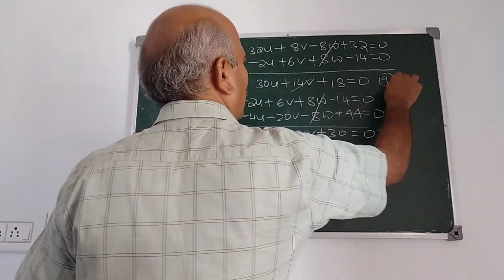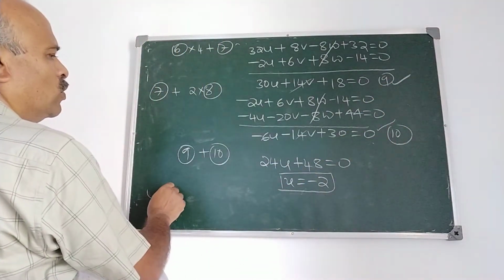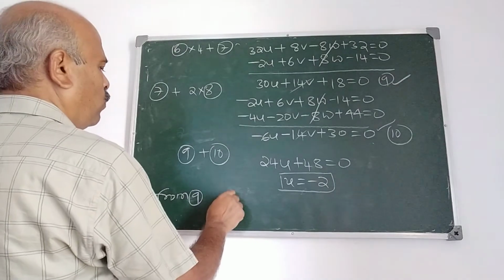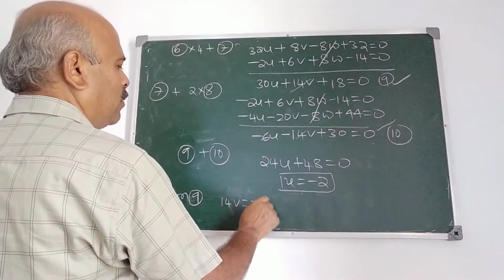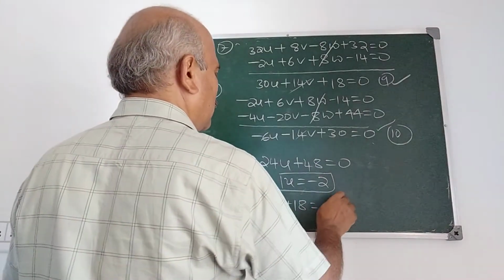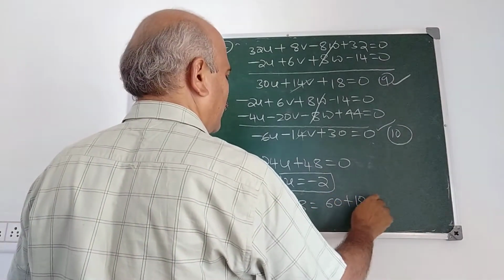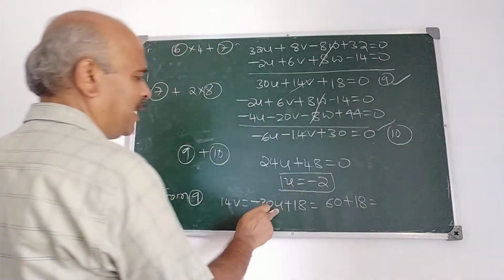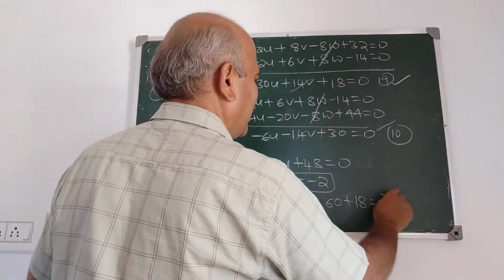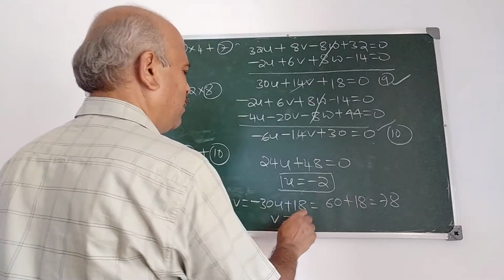You can use any one of these equations. I use 9. From 9, 14v is minus 30u minus 18.